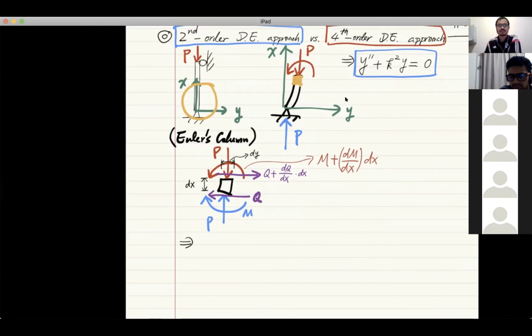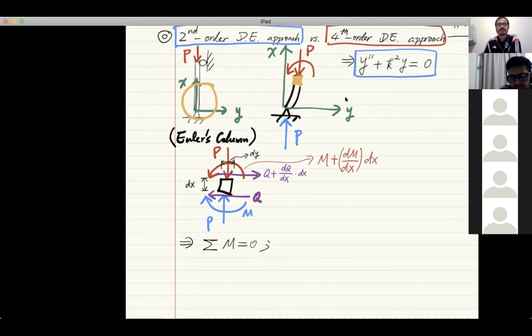And then we're going to get this summation of moment to be 0, like this. And we're going to write down that. So what are the moments? Suppose we take which part we're going to take? We can take at the bottom. We can take the side. And suppose we take here.